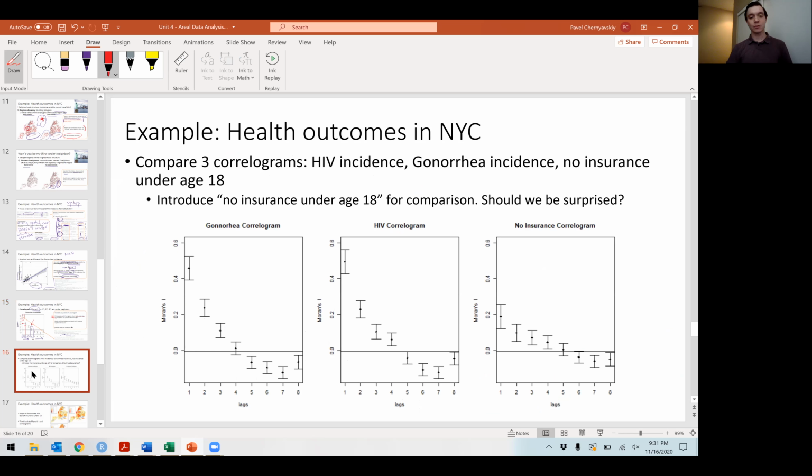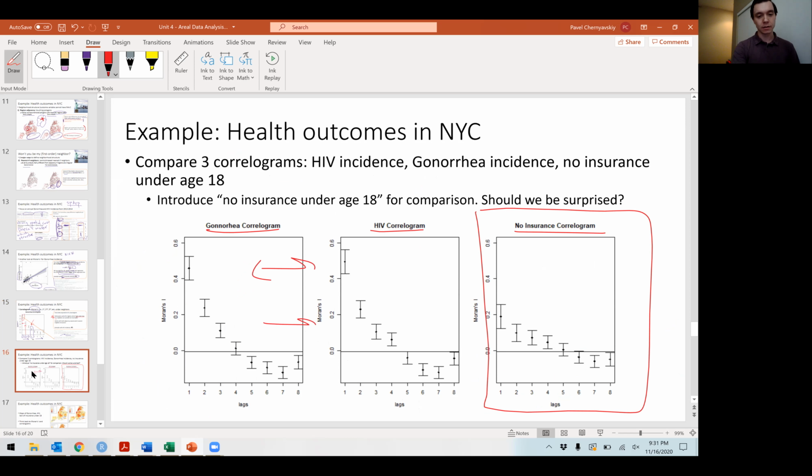I've repeated this with HIV, and for comparison purposes, I really wanted to have one that is independent or really noisy. And I came pretty close. It's the no insurance under 18 variable. But the gonorrhea and HIV correlograms look very similar, don't they?